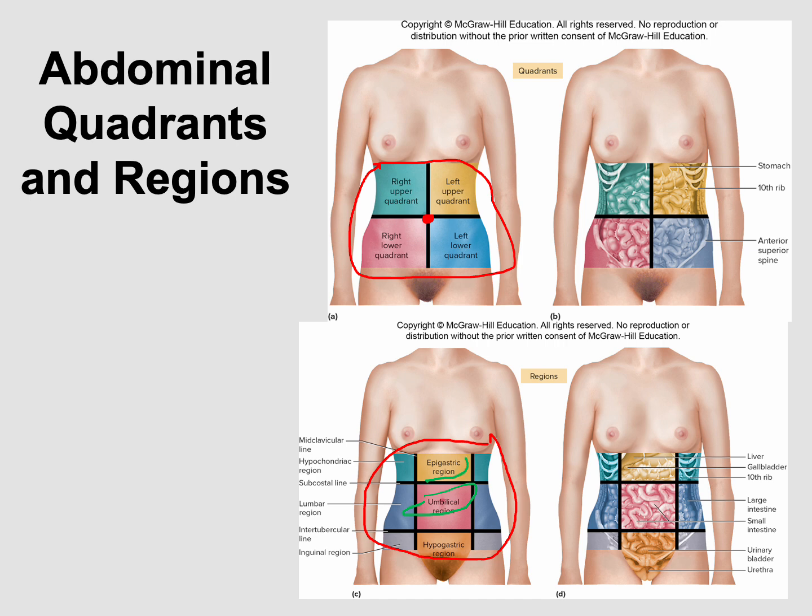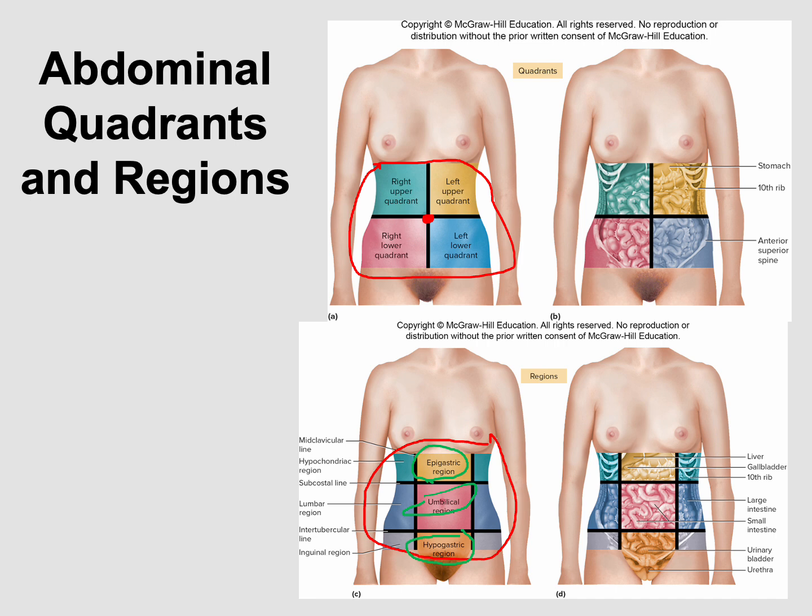Above it you have the epigastric region. Epi means above, gastric means stomach, so it's basically the region above the stomach. You also have the hypogastric region, which is in the middle and below the stomach. Hypo means below, and gastric means stomach, so below the stomach.